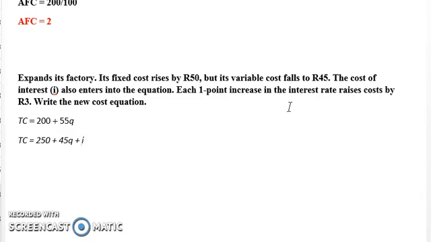If the interest rate is 1, the cost will be 3. If it's 2, it will be 6, because it is 2 times 3. So the variable that we have here is 3i. And there we go. That's our new equation for total cost if we add the interest rate into the equation.